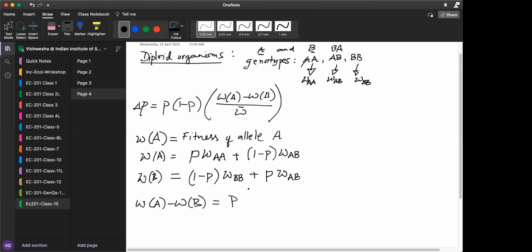So P times omega AA minus omega AB, and then let's do a minus sign: minus of 1 minus P times omega BB minus omega AB again. Is that fine? So this is the numerator.